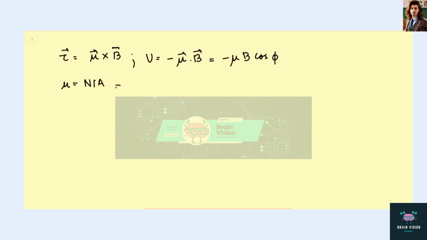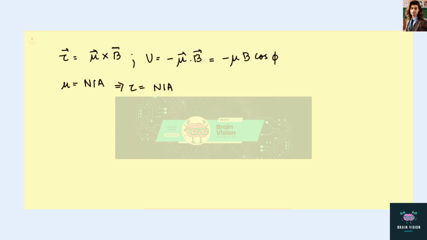So we can write tau separately. The magnetic moment mu will then be equal to n times I times A. Now let's consider the direction.